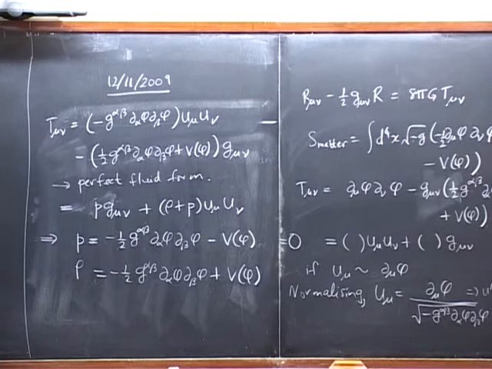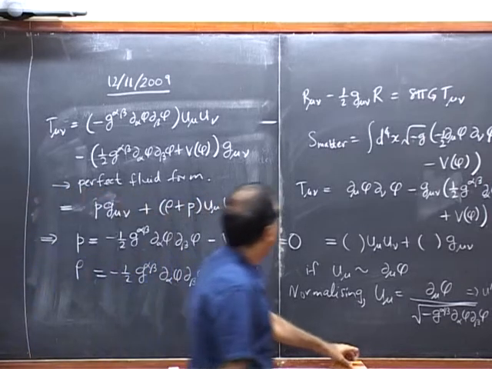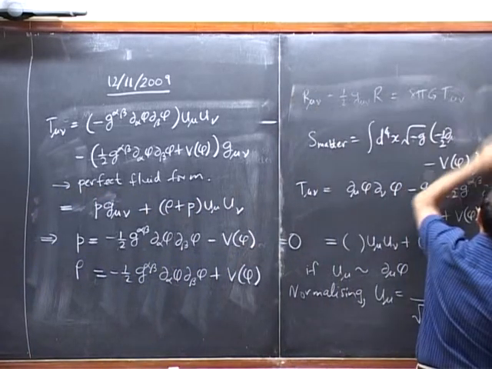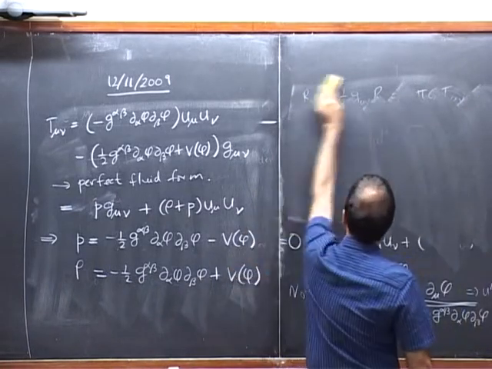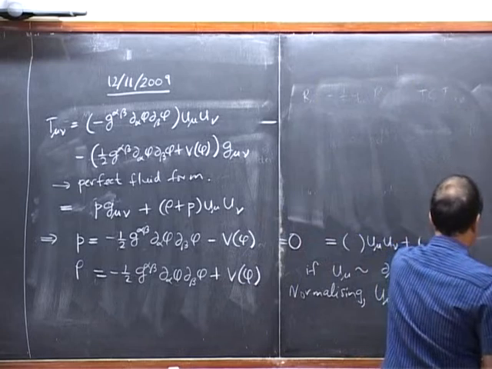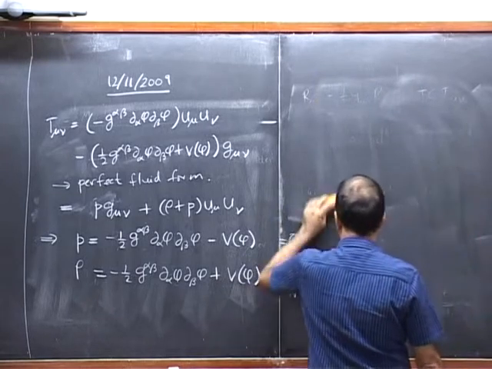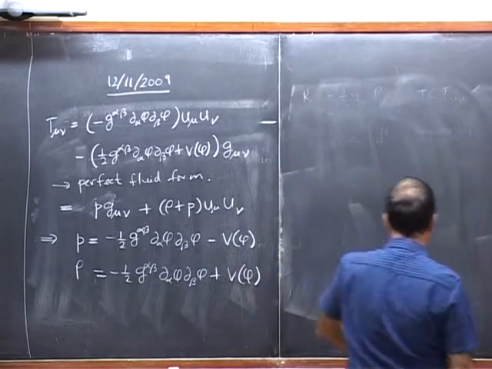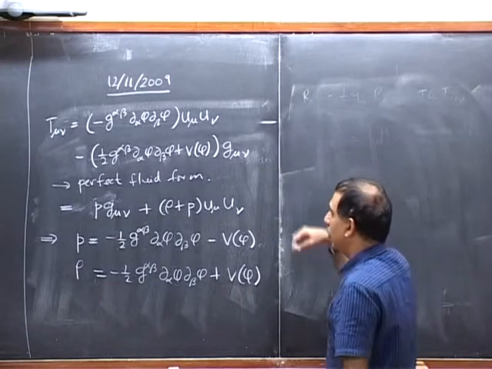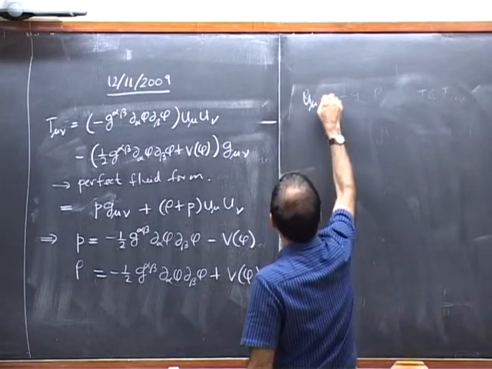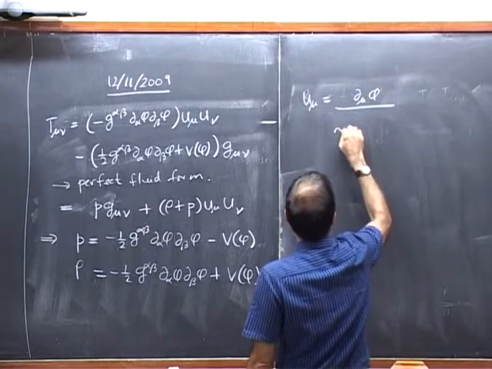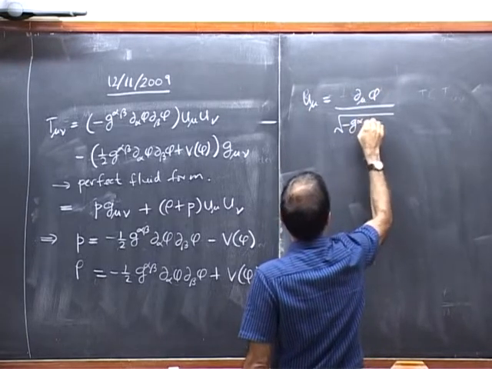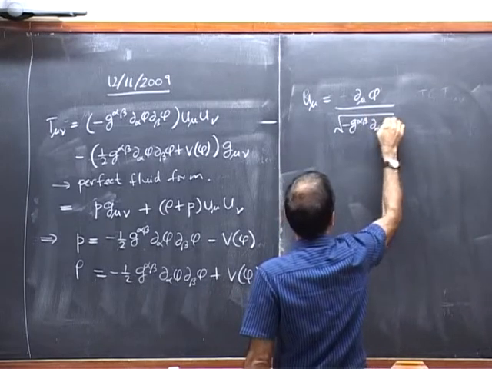Before that, I have to make sure that I've implemented my assumption of isotropy and being in co-moving coordinates, and it's pretty clear that I'm not yet in those. I'm not in the rest frame of the fluid because I have u mu equals del mu phi upon square root of minus G alpha beta.